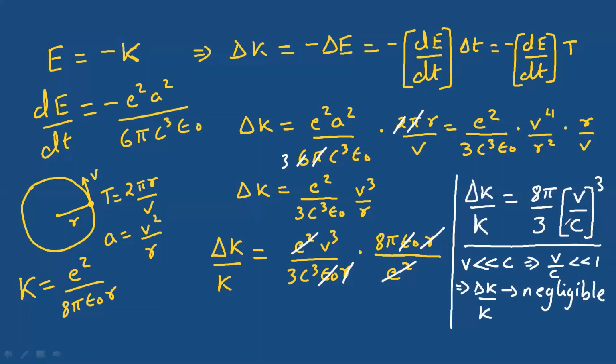So v over c the whole cube is a very small value. Since the fractional change in kinetic energy is going to be negligible, you could also say that the fractional change of energy is going to be negligible, or that the loss in energy is going to be very small. So that answers the second part of the question.